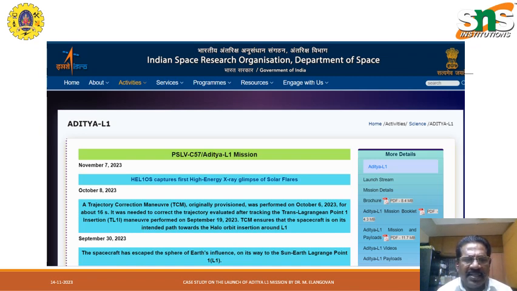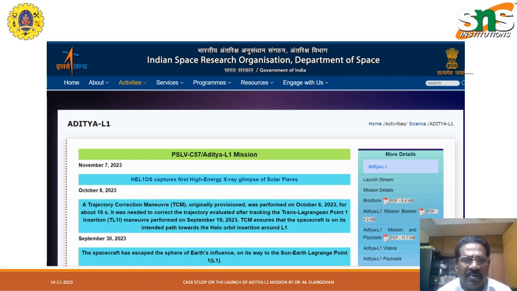Now, on September 30th, they have reported that the spacecraft has escaped the sphere of Earth's influence and is on its way to the Sun-Earth Lagrange point. Now, October 8th, they have reported that a trajectory correction maneuver was carried out, which was already planned.